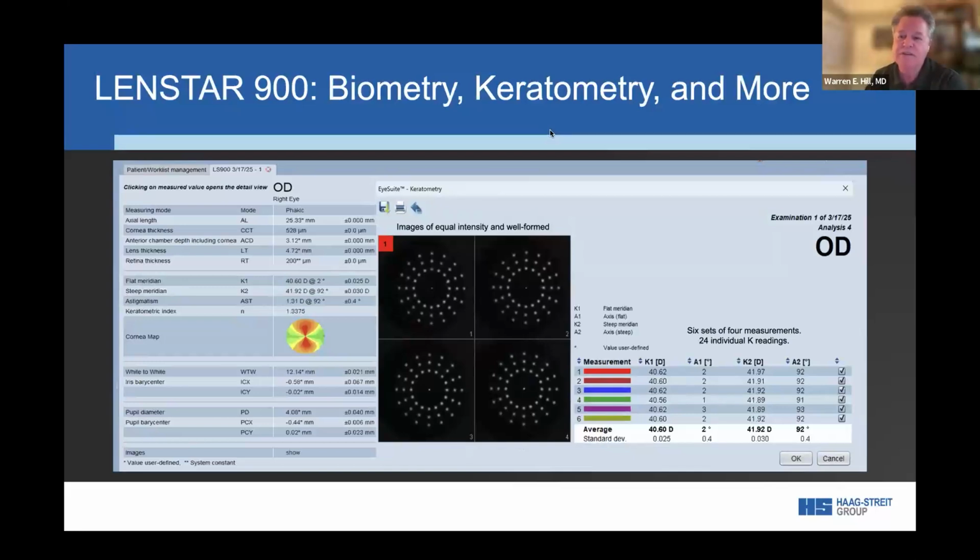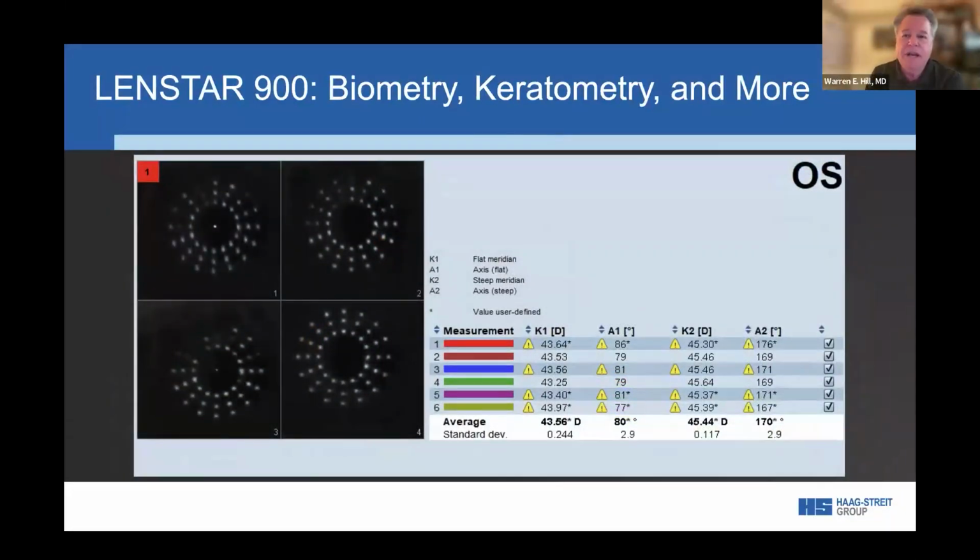What you want is standard deviations for the meridian of less than 3.5 degrees, and for the keratometry a quarter diopter or less. So you can just uncheck the measurements that don't look right. If the patient blinked or looked away, just uncheck it and use the ones that look good, and it'll give you very, very good results. And these are the standard deviations on which the validation criteria is based for the instrument.